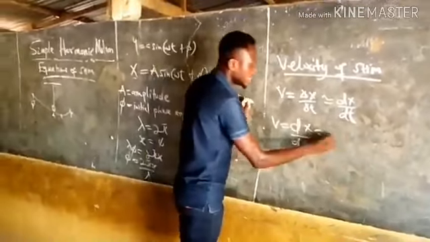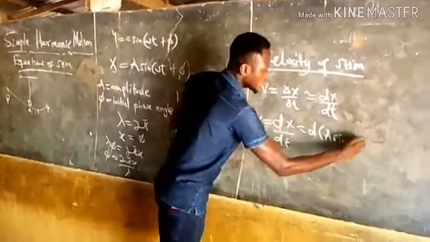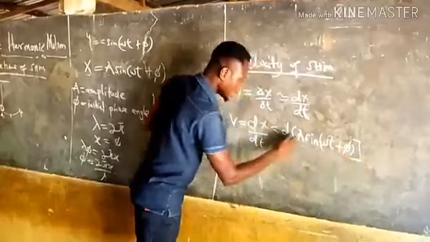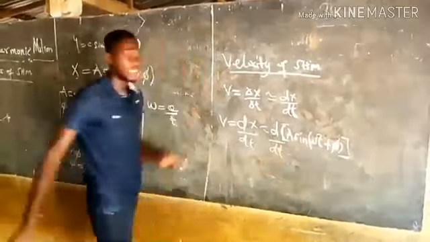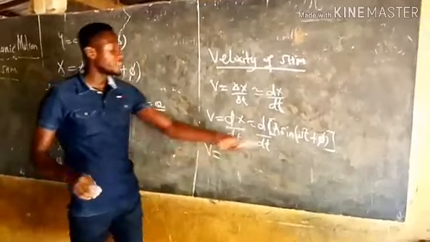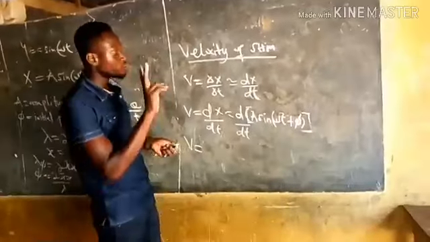But we all know that the displacement is given as A sin(ωt + φ). So we differentiate this with respect to t. So you are going to have velocity equals. How do we differentiate this? Don't forget, we are going to use the product rule. We have two terms here.